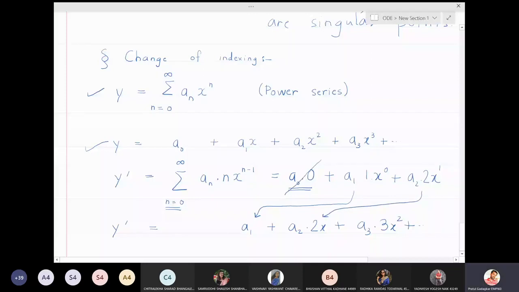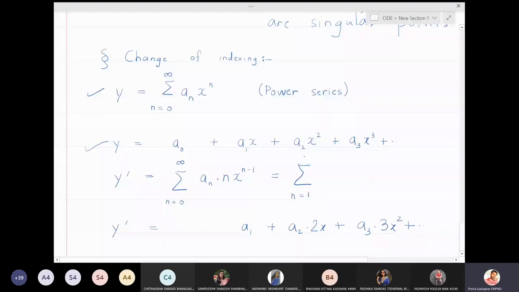So then why am I writing the summation from n equal to 0? It is better to directly write the summation from n equal to 1, because at n equal to 0 it is giving me a 0 term anyway, so it is useless.